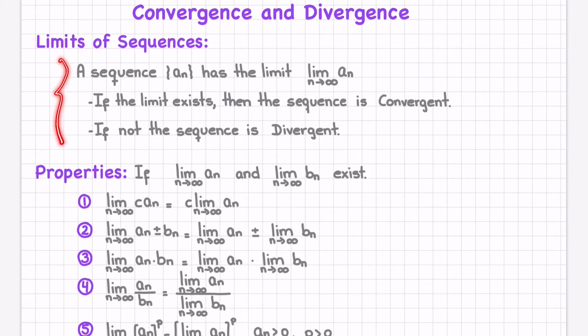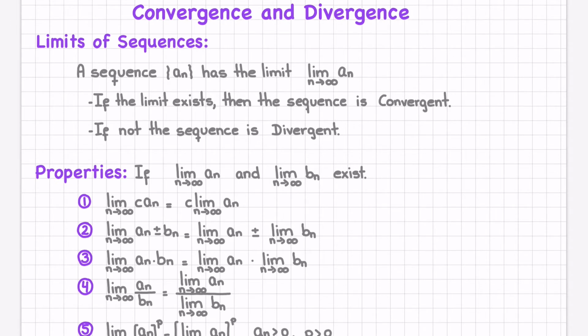First thing is that when we take this limit, if the limit exists, then the sequence is convergent. Remember, a limit exists if it is a number. So if it's infinity, the limit does not exist, because infinity is not a number. So two possibilities: it does not exist because it's jumping and not approaching anything, or because it goes to either positive or negative infinity.